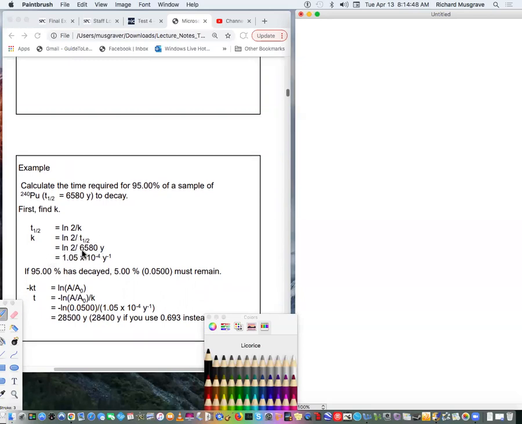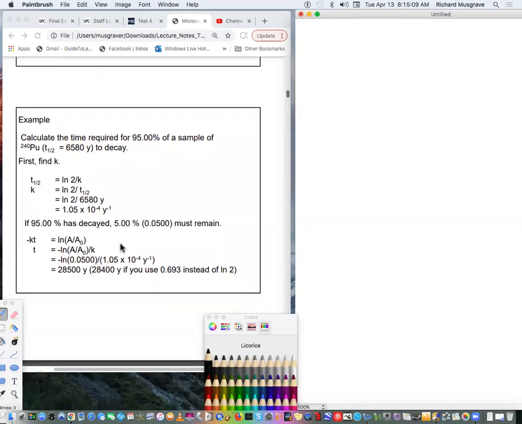So we take the log 2, divide it by the half-life, which is given in the equation, and we get K, which is a rate constant, which is measured in the unit here of years to the -1. So it's always going to be whatever unit you have on the half-life, but to the -1. So it's per year, essentially, is what this rate constant actually ends up being.